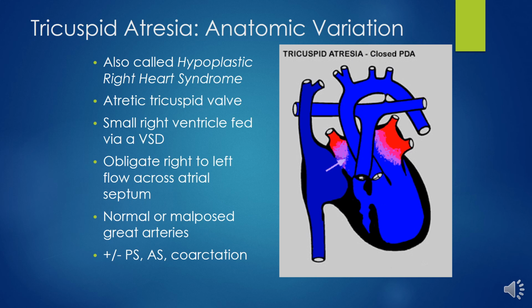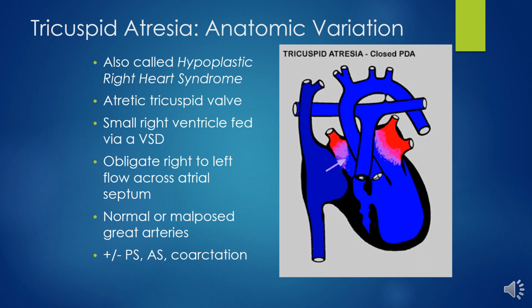Second is tricuspid atresia with d-transposition: pulmonary atresia, pulmonary or subpulmonary stenosis, and a large pulmonary artery. Third is tricuspid atresia with l-transposition. It's rare.